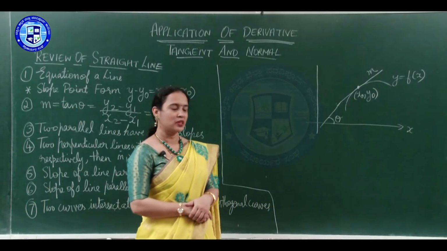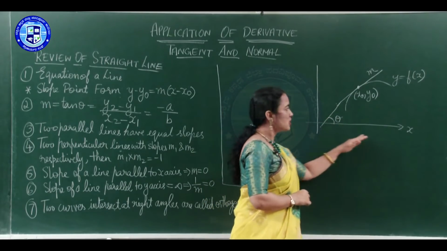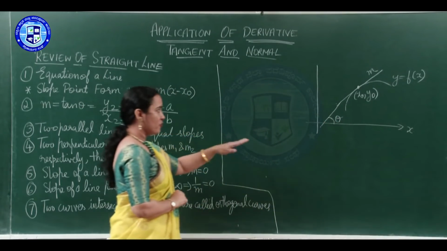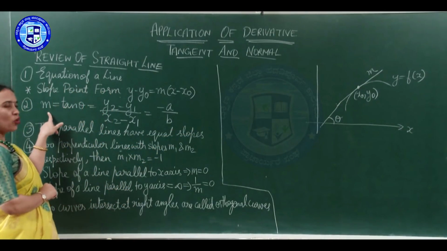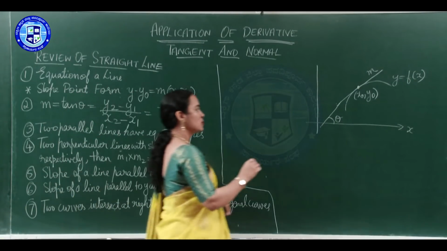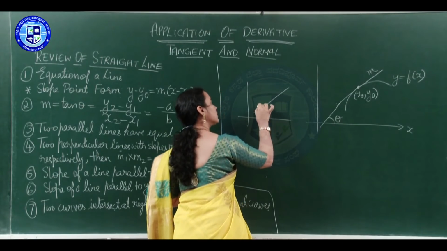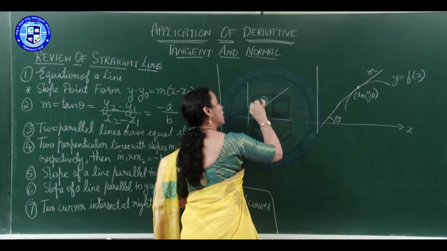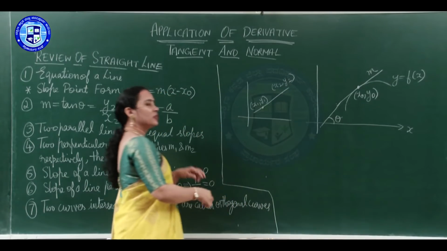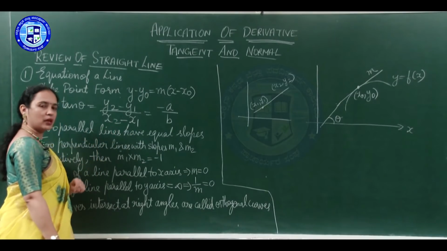What is a slope? If a line makes an angle theta along the positive direction of the x axis in the anti-clockwise direction, then slope we find out by tan theta. If the line passes through 2 points, say x1 y1 and x2 y2, then we find the slope using the formula y2 minus y1 by x2 minus x1.